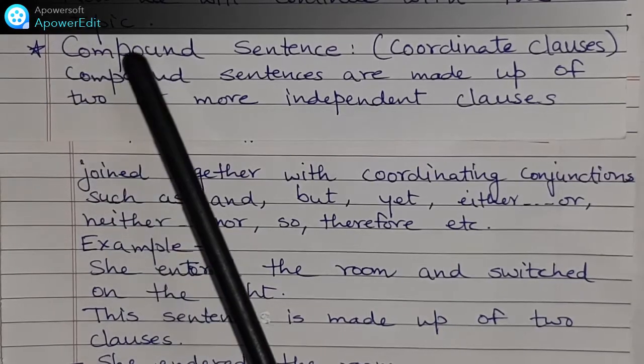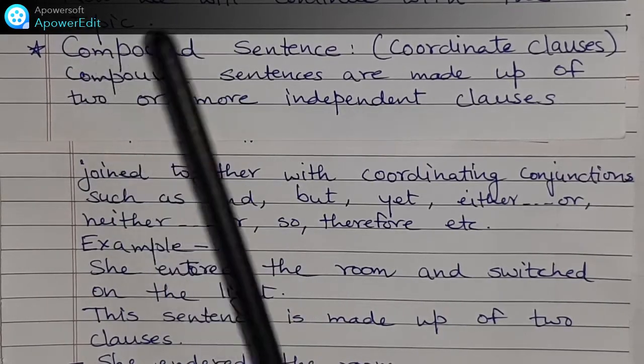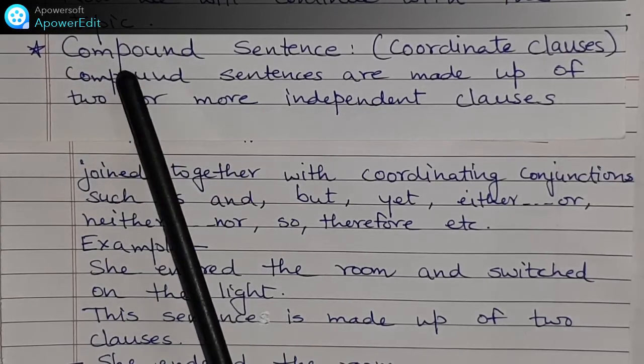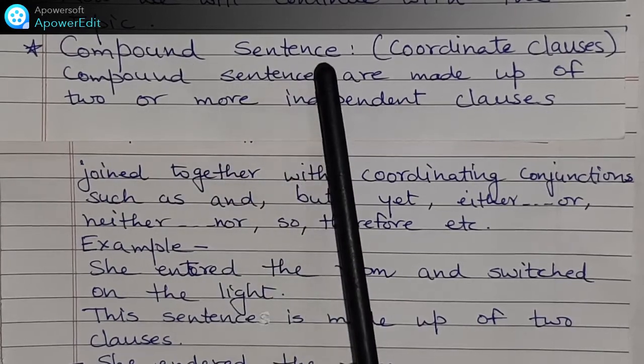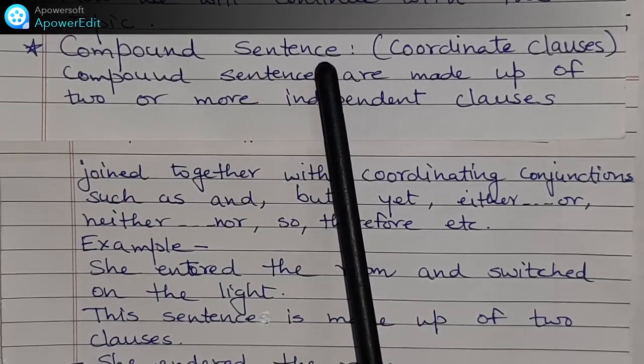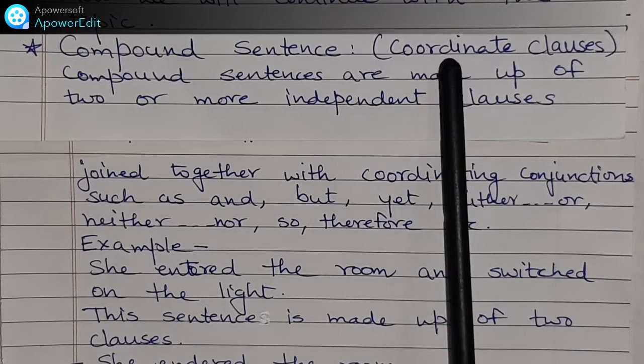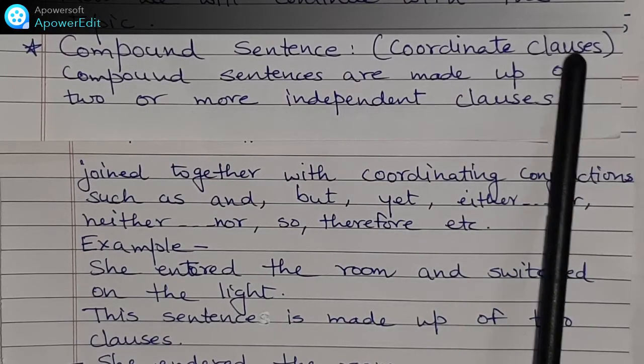So students, you got to know what are simple sentences. And now, number 2, compound sentences, or we can also say coordinate clauses.